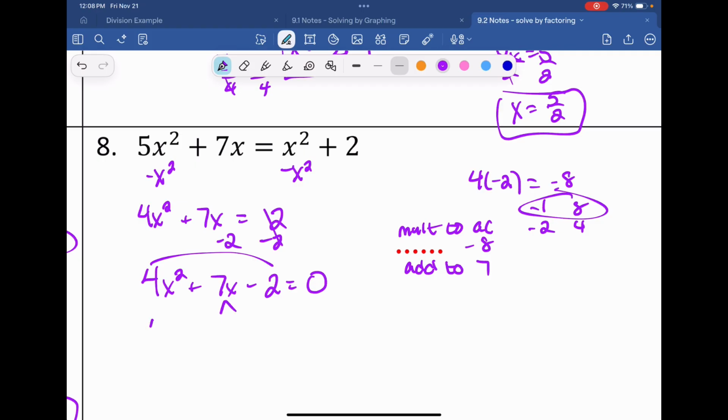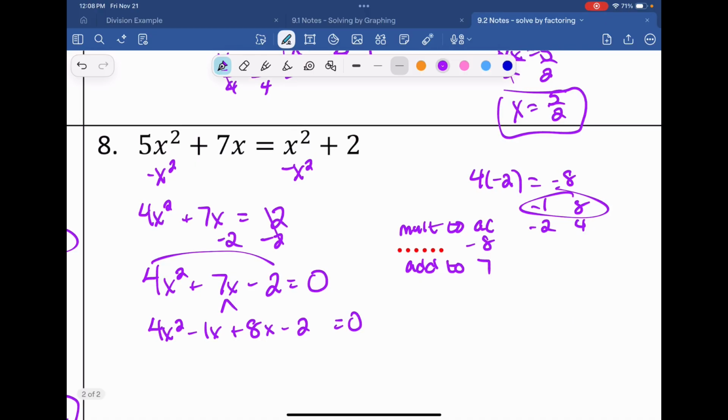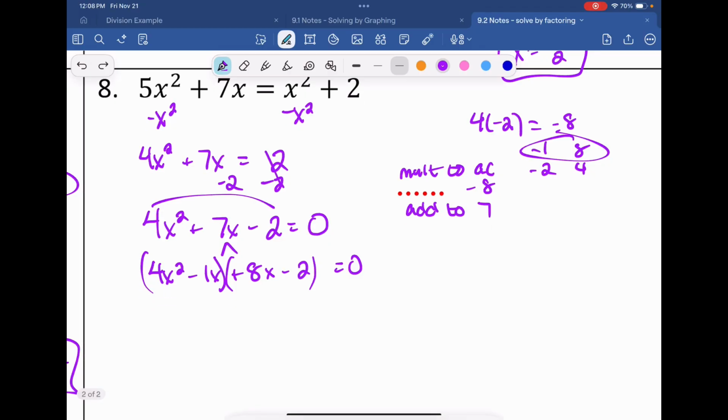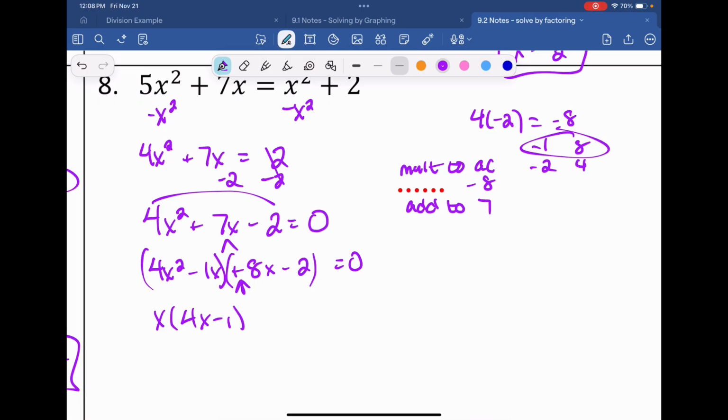Break it up. Group. GCF. GCF. And it's positive. Common binomial.